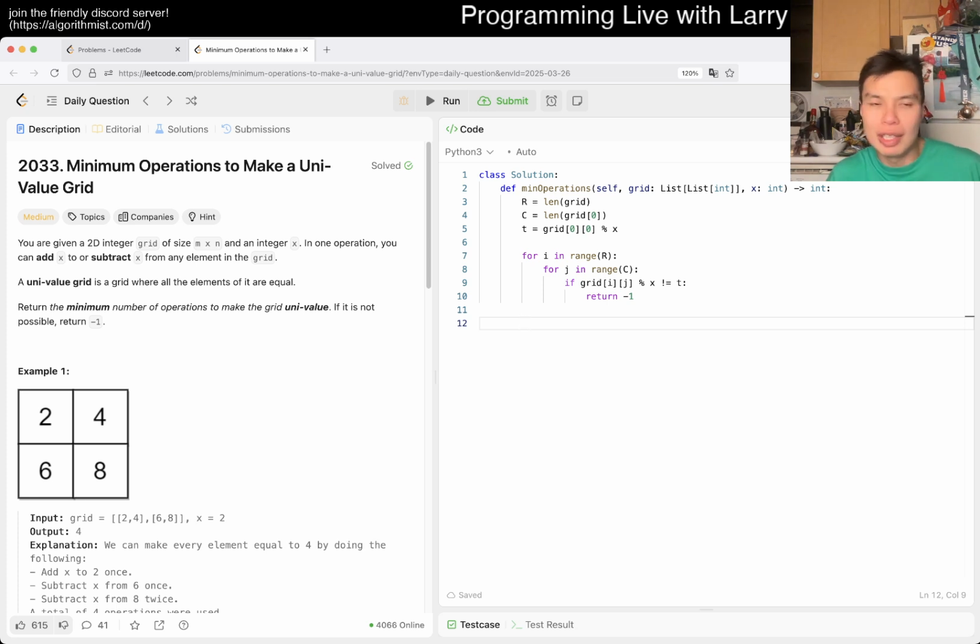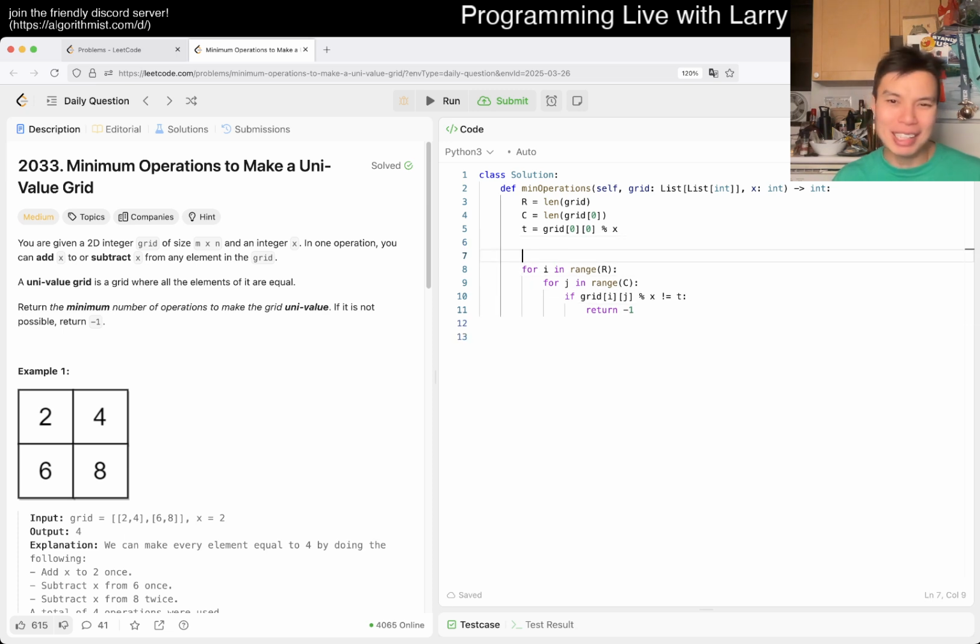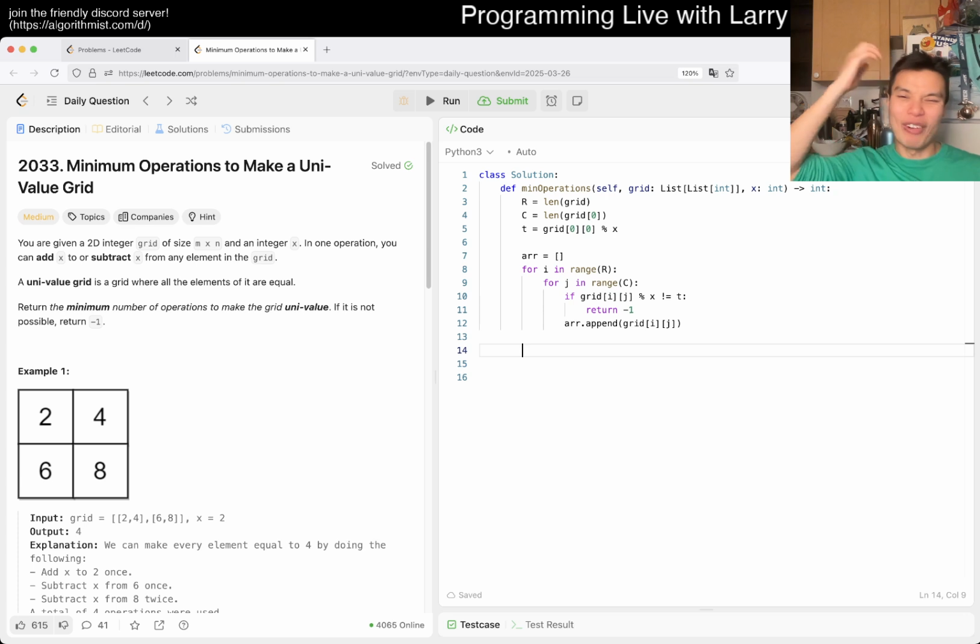You can also do a linear median finding thing. I'm not going to do that because I'm lazy, but you can if you want to. So maybe here I'm just going to flatten the grid. It's not the most efficient thing in the world in terms of space, but whatever. But like I said, you could do a linear median algorithm. You can Google that. It is annoying, obviously. That's why I'm not doing it.